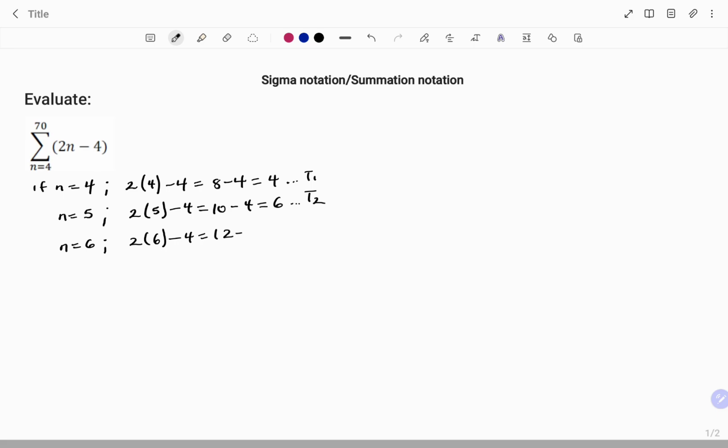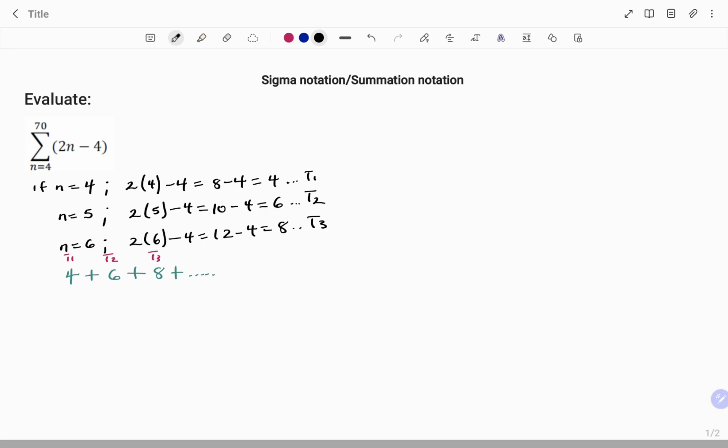That will be 12 minus 4, and that's 8. That will be my third term. So my first 3 terms are 4 plus 6 plus 8 plus, that goes on. Remember, this is our term 1, this is our second term, and this is our third term.